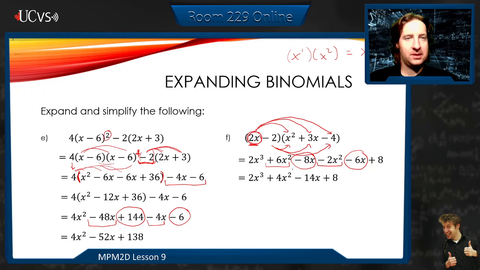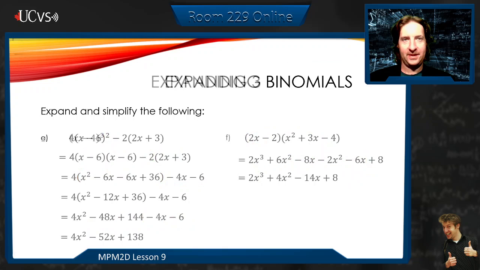Then we have 6 take away 2, which is 4. And then negative 8 take away 6, which is negative 14. And then the only numerical term was 8. The 8 just went down there. 2x cubed went there. Okay, so multiplying by a binomial, in this case a binomial times a trinomial, the same idea. It's just we're going to have 6 multiplications instead.